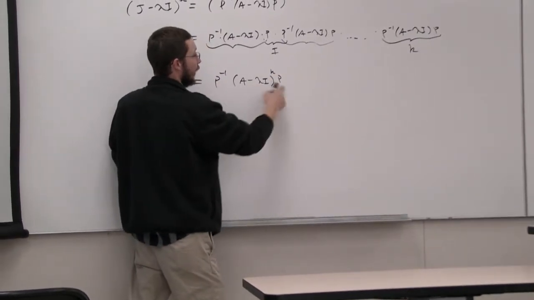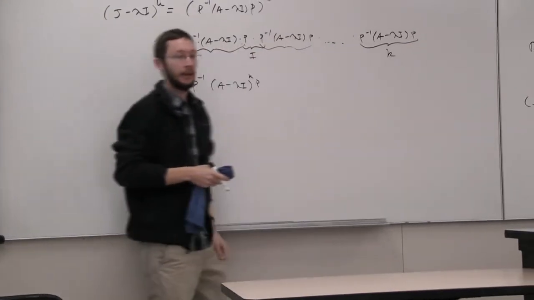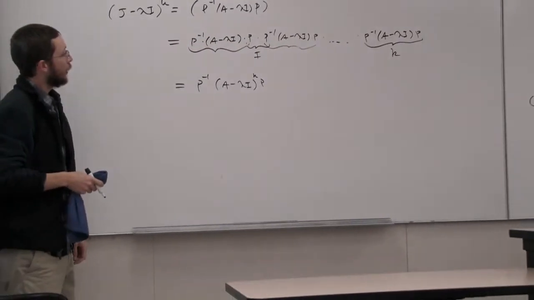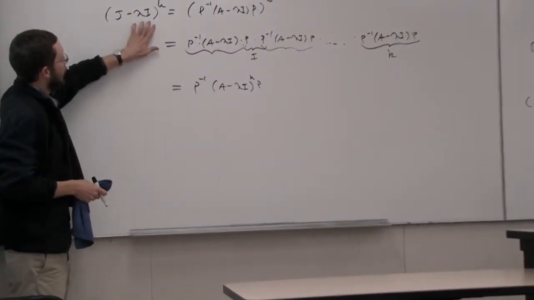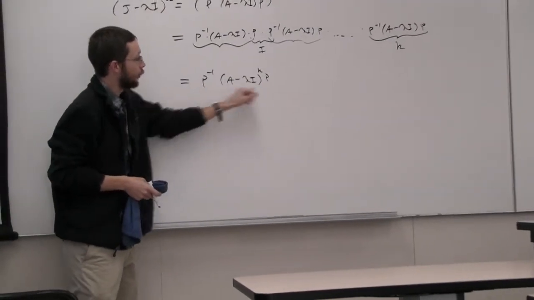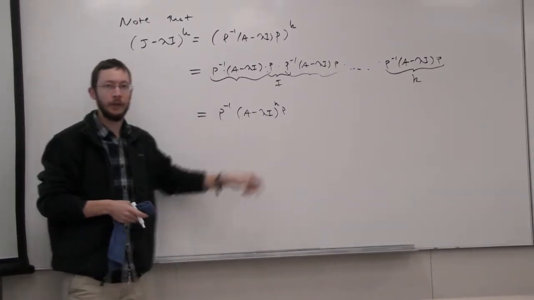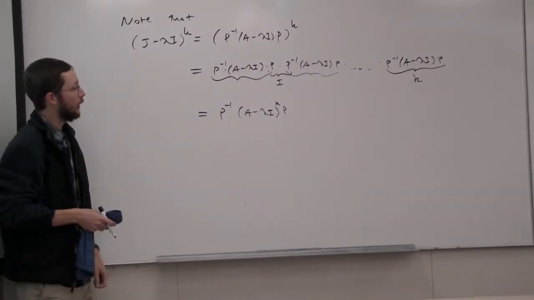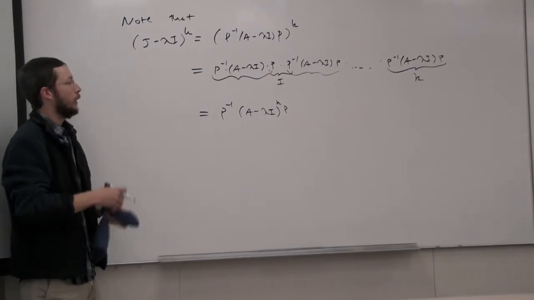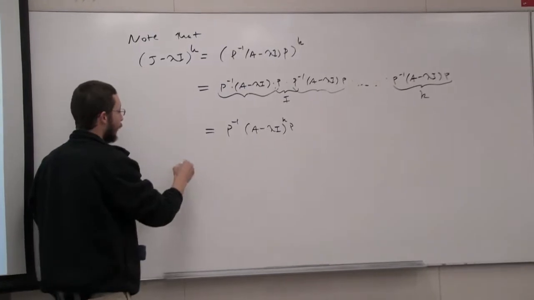So (A minus lambda I) to the k, and then P that's left from this term on the very outside there. And so that says that (J minus lambda I) to the k is really just this change of basis here, where you take (A minus lambda I) to the k and change the basis using that same matrix P. And then, if this matrix is equal to that matrix, then certainly the ranks are the same.